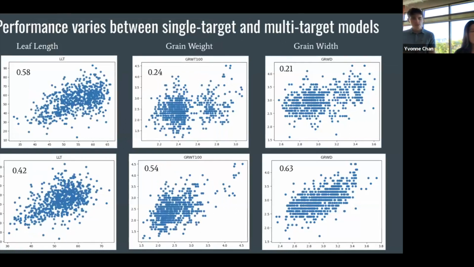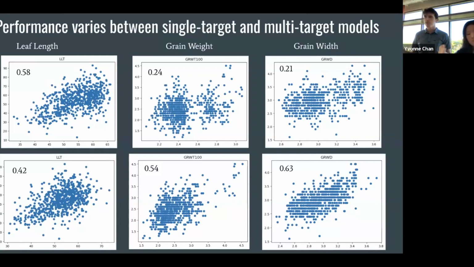And then across multi-target and single target models, performance also varies. Right here, you can see that for grain width and grain weight, single target dense performs significantly better. But for leaf length, multi-target dense performs a lot better. So what we can get from this is that this is just the nature of having a model try and associate really complex data with a ton of variability, which would be multi-target, or you could also choose to sacrifice the access to other parts of the data set, which might be necessary to really solidify these associations.